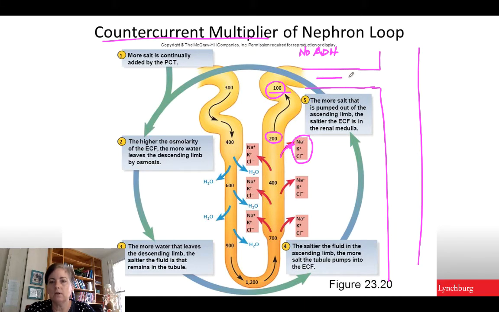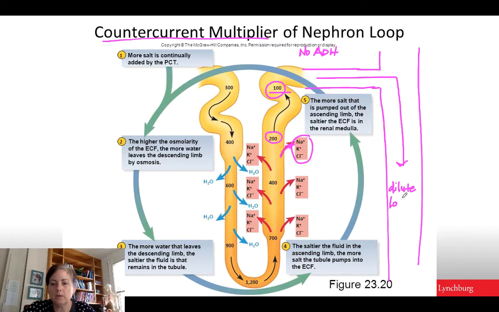So that urine is going to make its way down the collecting duct, and what we're going to see is that our urine is going to be very dilute. It's not concentrated at all. And it's going to be a lot of it because we're not pulling water out of the tubule.